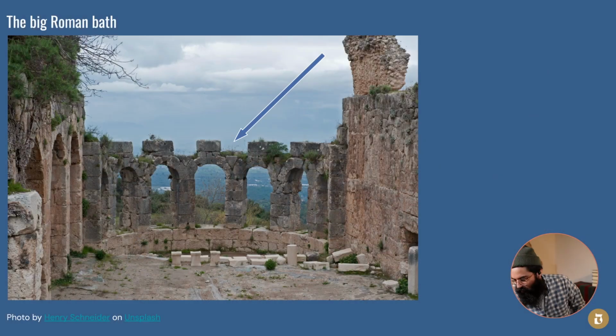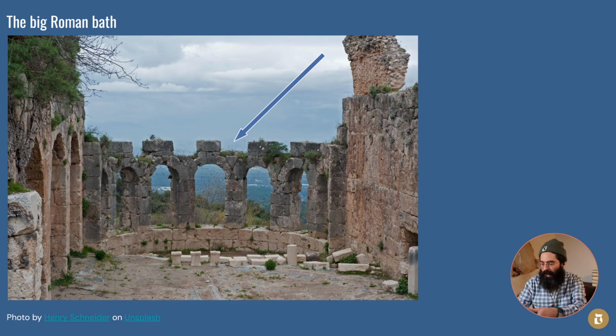Be'achsadra romisa, it is a Roman achsadra. What is a Roman achsadra? So I have a photo here of a Roman achsadra. Hopefully this is actually what a Roman achsadra is, but I tried to match the description. This looks Roman. This is what's called the big Roman bath. So it must be Roman, and what that blue arrow is pointing to is all those windows in that wall.